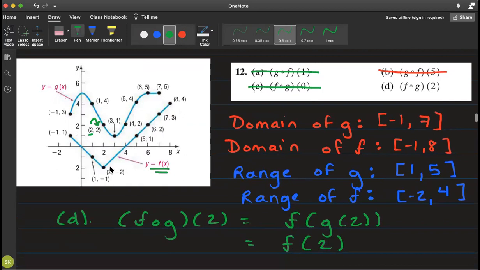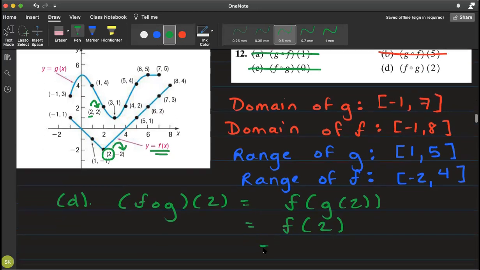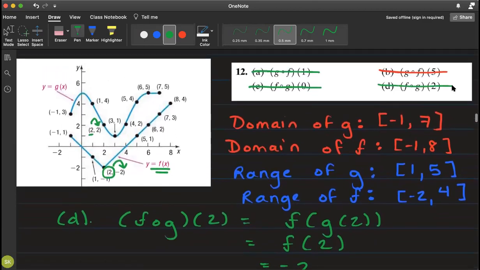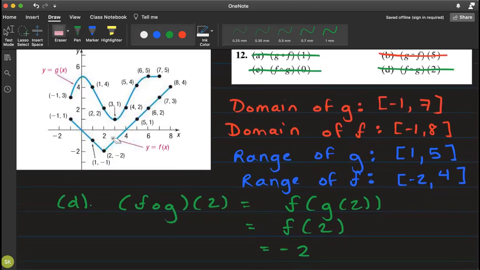We find 2. Here's 2, the x value, that is sent to negative 2. So f composed of g of 2 is negative 2. Now you could put this in a chart like the last example, but you don't have to. You can just look at the graph.